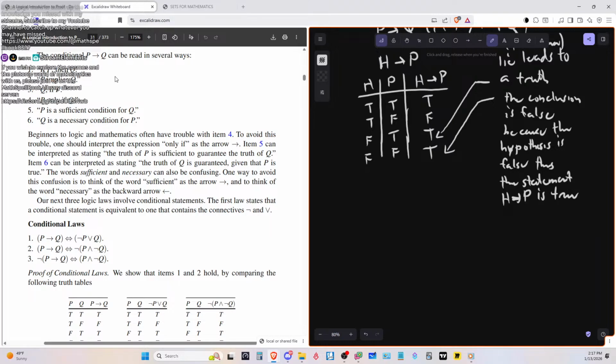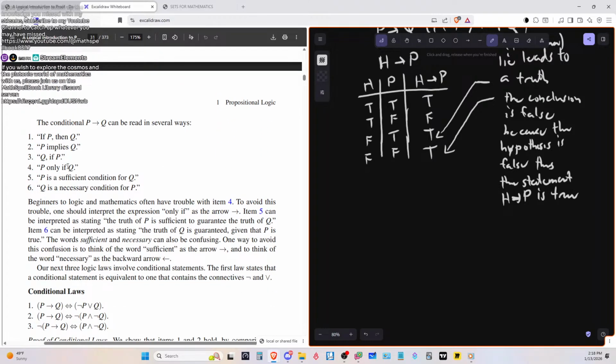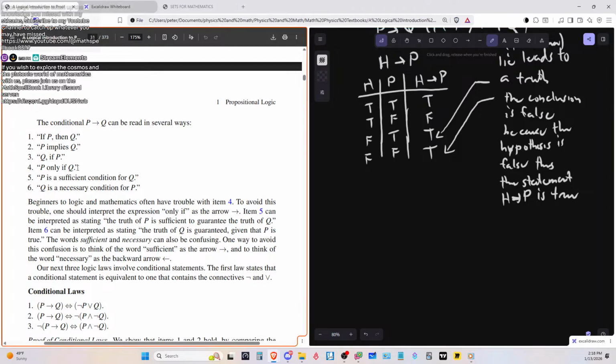Okay, that's a conditional. We read it several ways. "Applies only if." Okay. Let's see. Beginners to logic and mathematics often have trouble with item 4, "P only if Q." Okay, it's supposed to be this item.